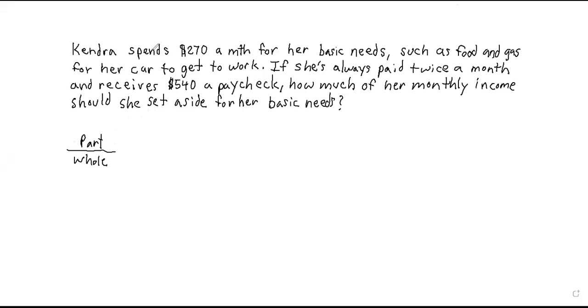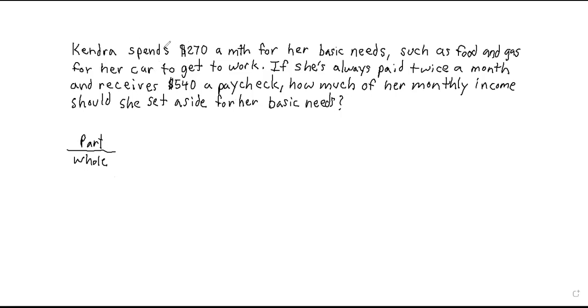We're going to read through the paragraph and look at the time frame of the part and the whole, and make sure we have the time frame matching up. Then we're going to be able to come up with a fraction, and from that fraction, we'll be able to reduce it to get an equivalent fraction, which will be represented in the answer list that we saw a few seconds ago.